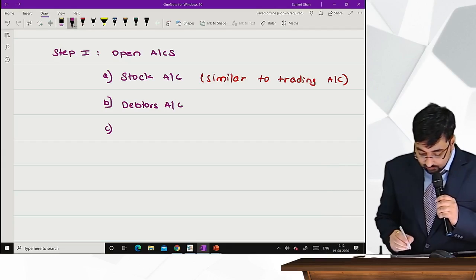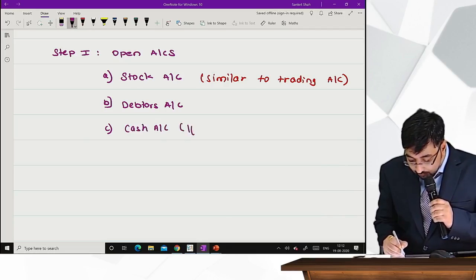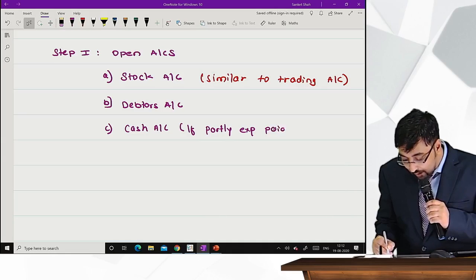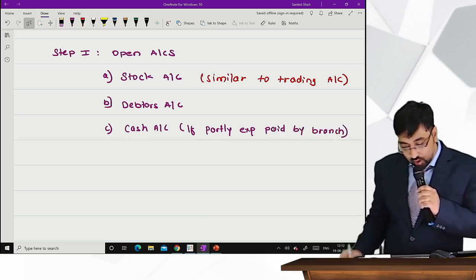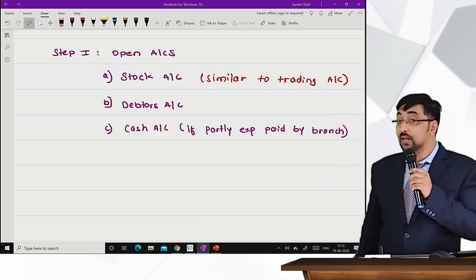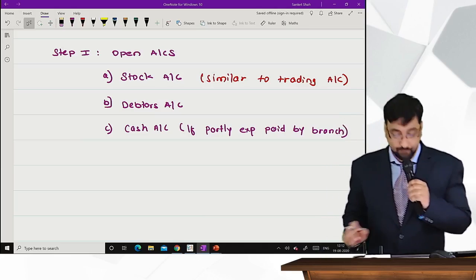Next one, cash account, if expenses are partly paid by branch. In this problem, we are not going to open cash account. Why? Because daily collection is sent to head office. Remember.